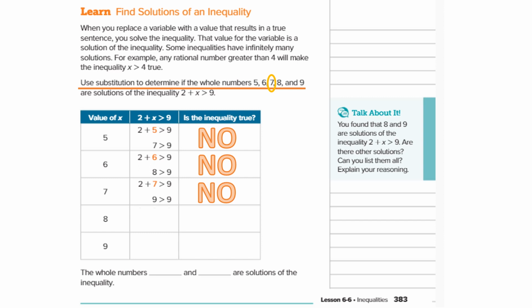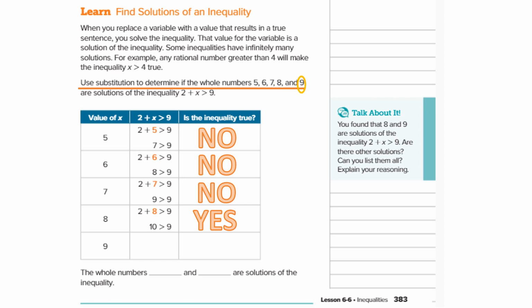So we should be able to say, well, then my next numbers are larger, so I have 2 yeses, but I have to prove it mathematically. So we plug them in into our math inequality expression, or equation. We have 2 plus 8 is greater than 9. 2 plus 8 is 10. Is 10 greater than 9? Yes.